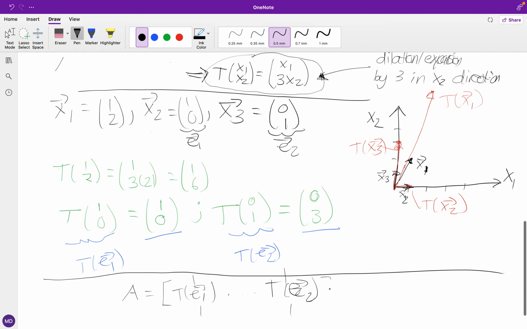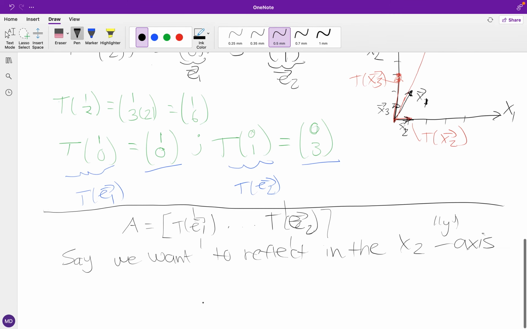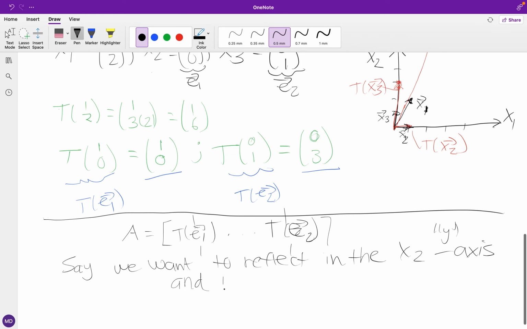So that is the columns of the matrix A. So say we want to reflect in the x2 or the y axis, and we want to represent this as a matrix.